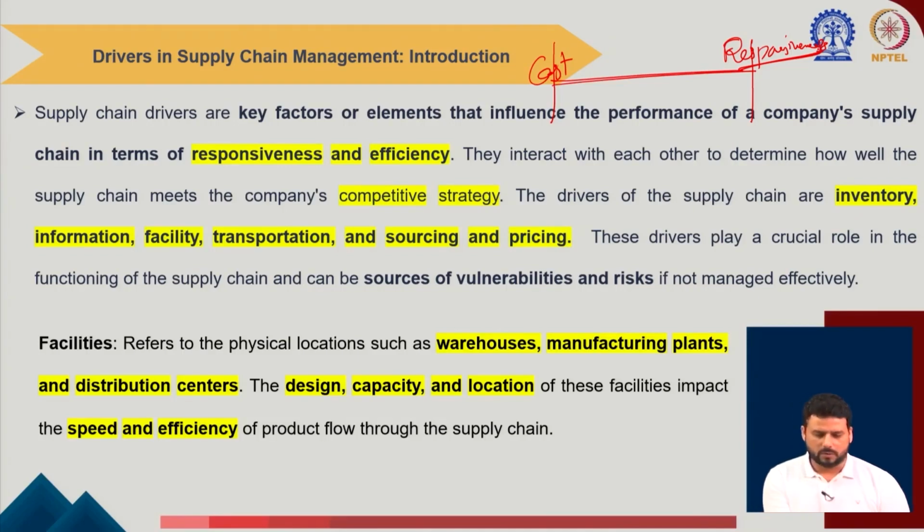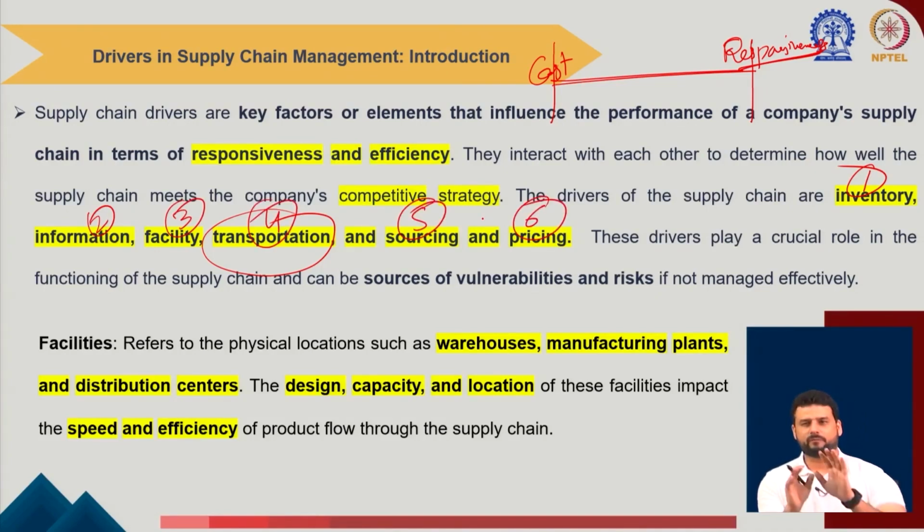Let us talk about transportation because it is one of the drivers. We have 6 drivers: inventory, information, facility, transportation, sourcing and pricing. Let us take transportation, say I am shipping by air.